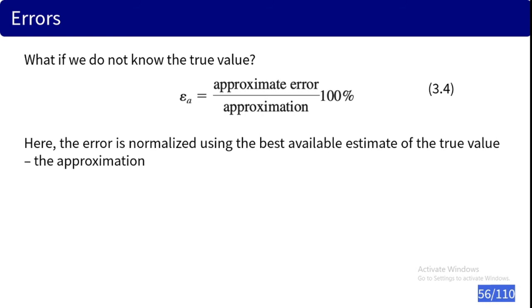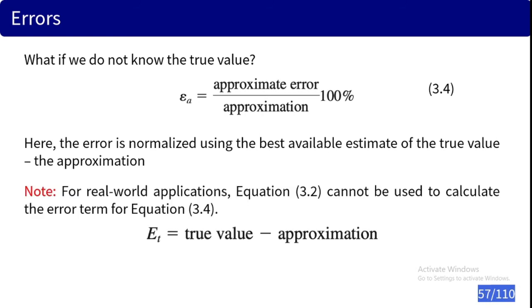Okay. So diri sa equation 3.4 is ang error na to is ginormalize na to using the best available estimate of the true value. So wala man tagabalo sa true value, gigamit na to ato siyang ginormalize ang error with respect sa unsa man ang pinakaduol nga estimate sa true value. Unsa man kato approximate nga value.